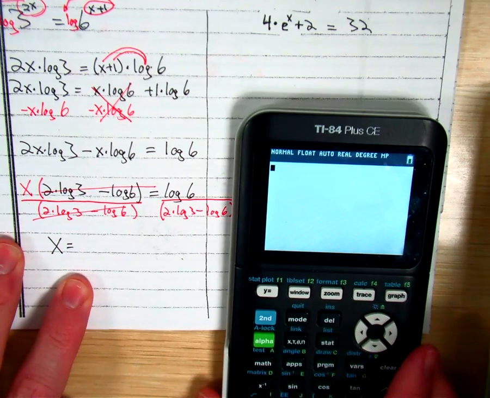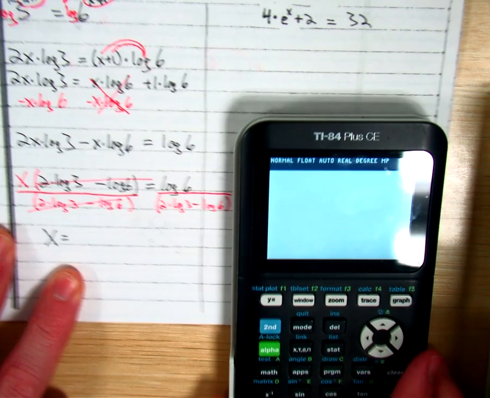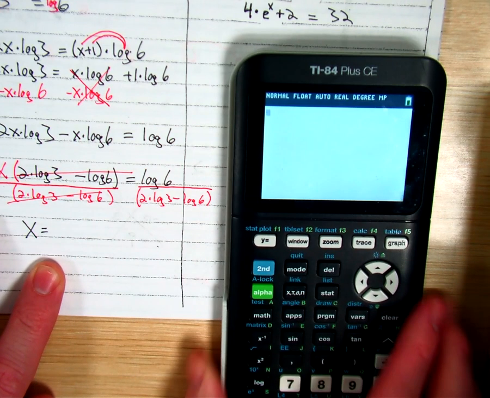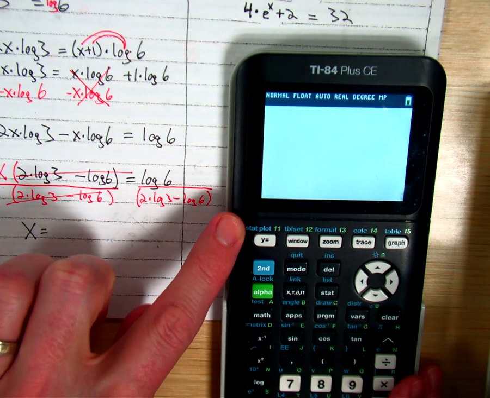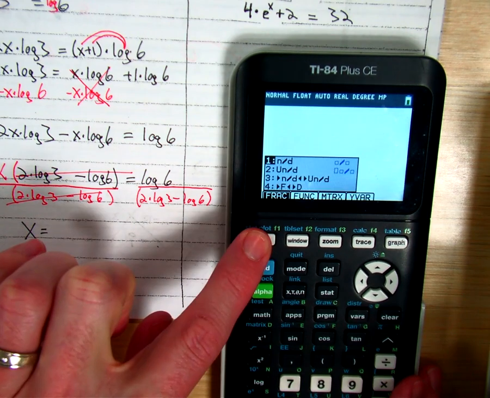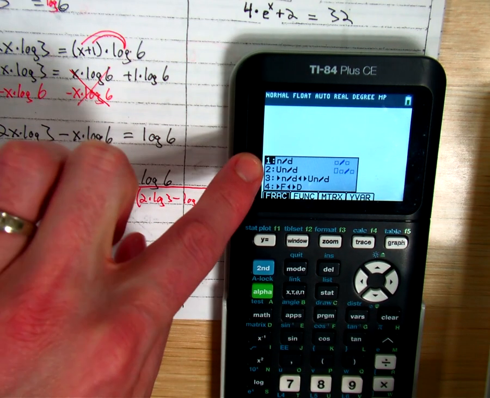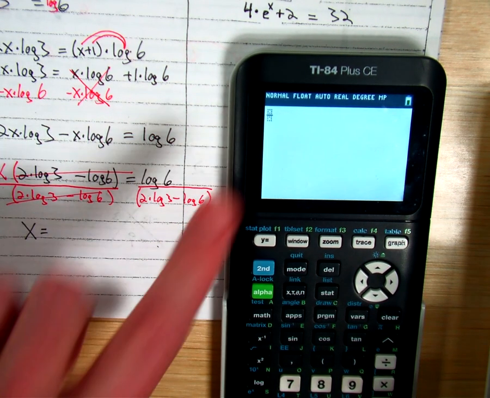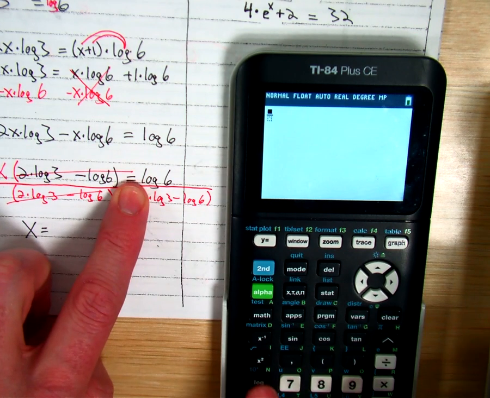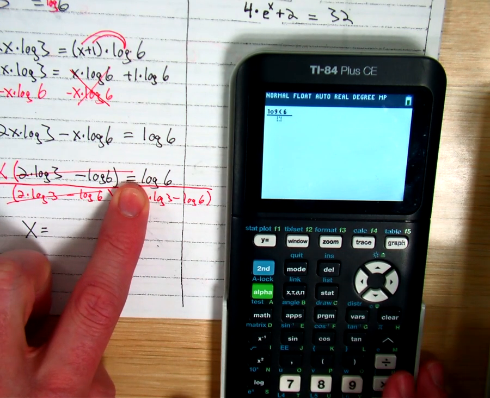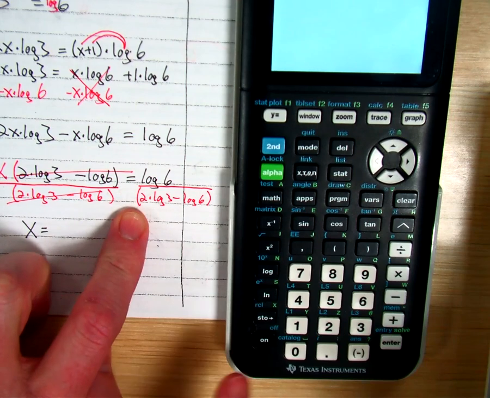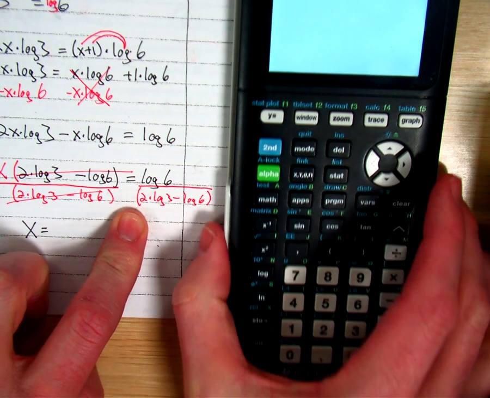Okay? I would recommend using the fraction bar. Alpha y equals. First choice there, numerator over denominator. On the top, we'll have log of 6. Close your parentheses. Okay, log button again, down there by number 7.